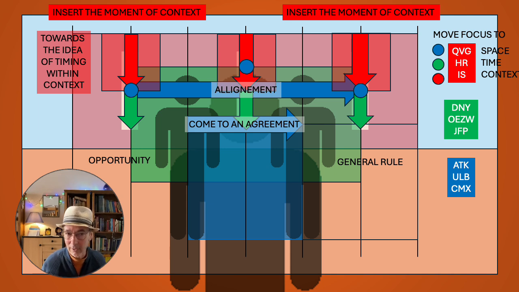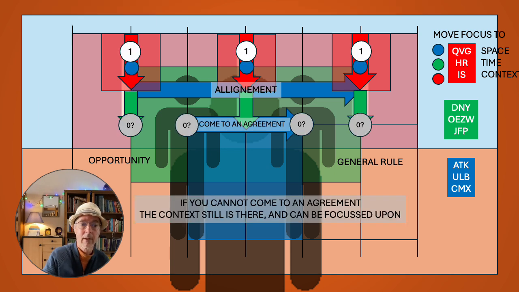So there is still effort to do before you can do that. You have an opportunity, but that doesn't mean that it will work immediately. If you cannot come to an agreement at this point with E, even there when the context is there and you can still focus on it, it will still not work.